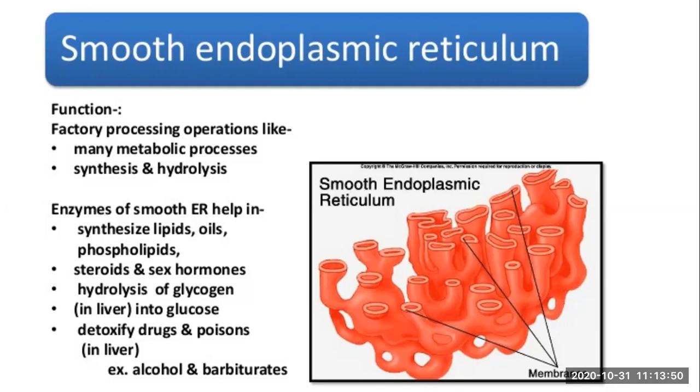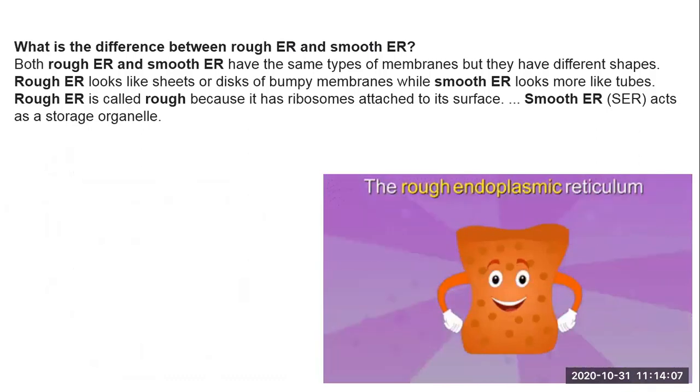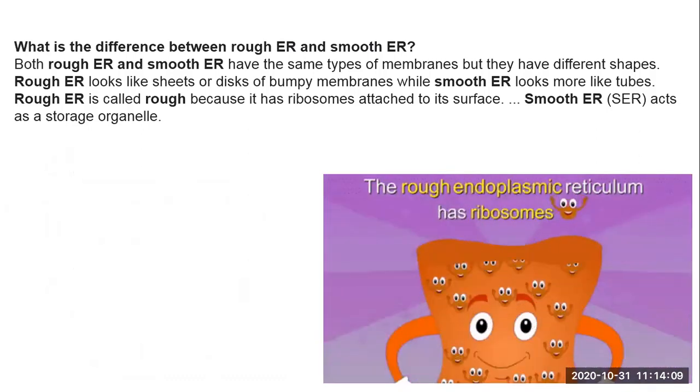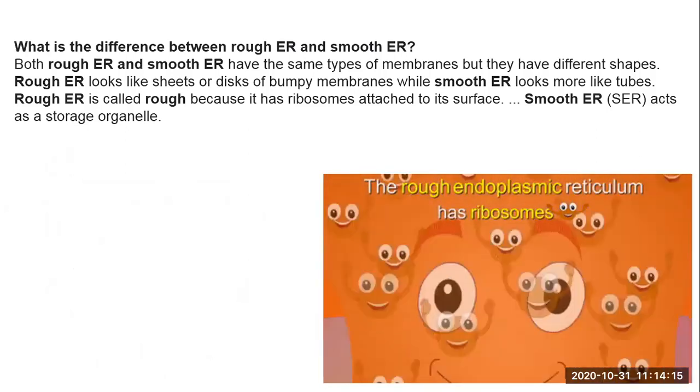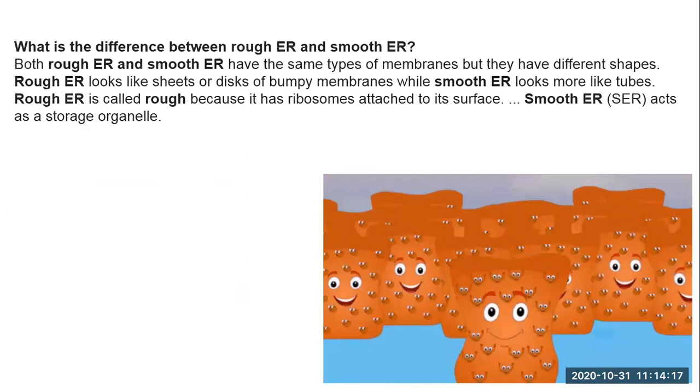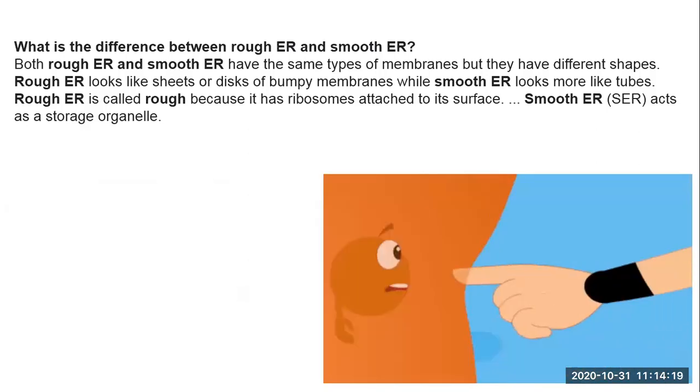It also helps detoxify the drugs and poisons, that is alcohol, barbiturates. These are the different types of substances inhaled by different types of animals, so in the liver they can help in the travel. You can see the main structure of this rough endoplasmic reticulum having the ribosomes, you can see the different ways there are ribosomes.